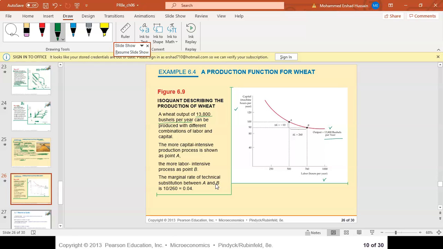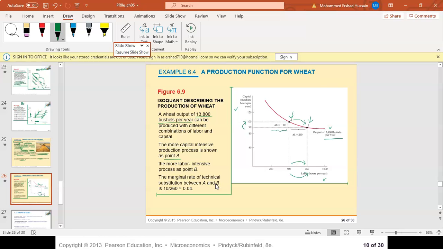The more capital intensive production process is shown at point A. Here we use more capital than we are using at B. Look, capital is higher. Delta K is minus 10 when we go from A to B. We are reducing capital by 10, but increasing labor by 260. See that? Labor is cheaper in developing countries, right?